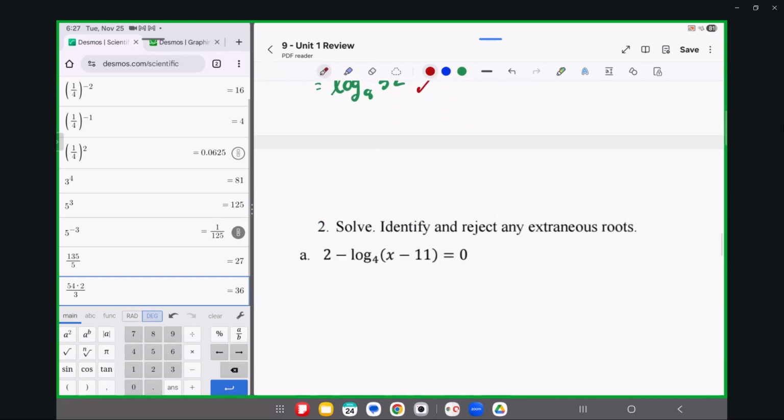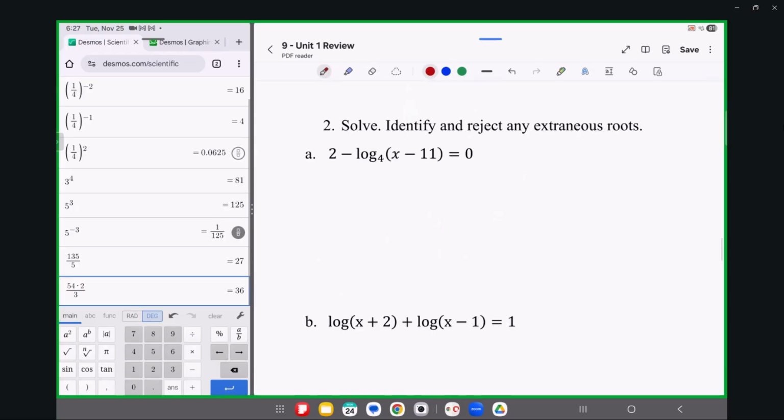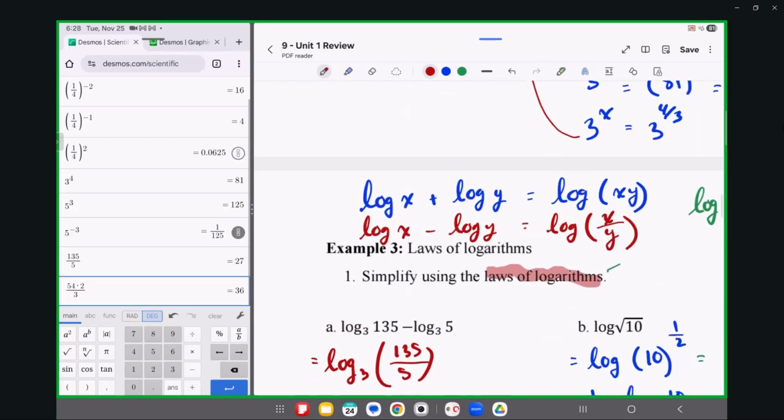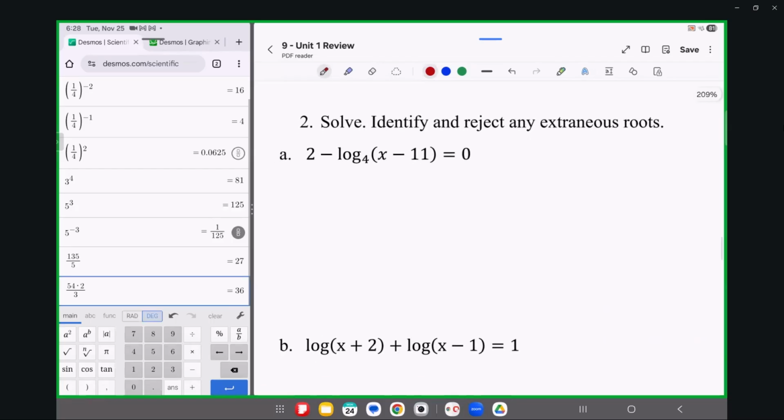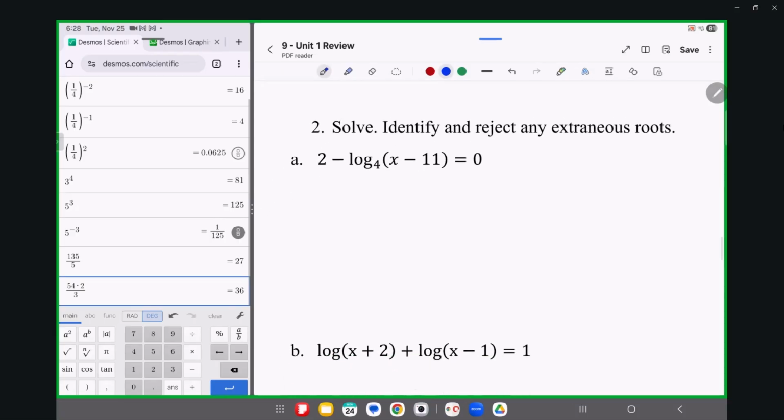Okay, let's continue on. So for number 2 of example 3, it's asking us to solve these questions, identify and reject any extraneous roots. And so we have 2 minus log base 4 of x minus 11 is equal to 16. So the goal for this is to isolate all of your variable terms on one side of the equation.